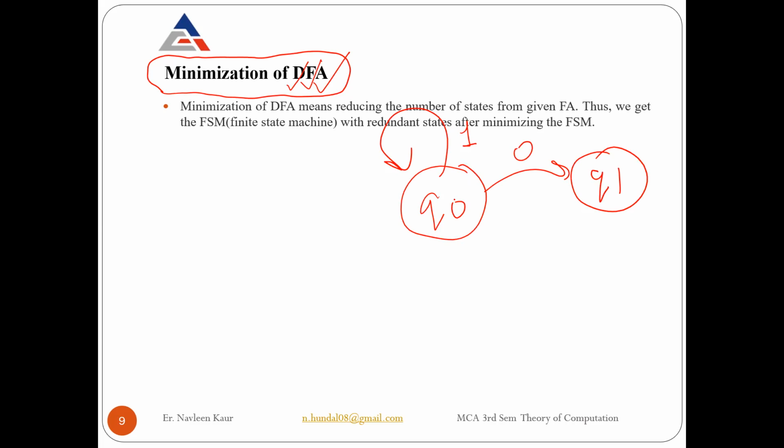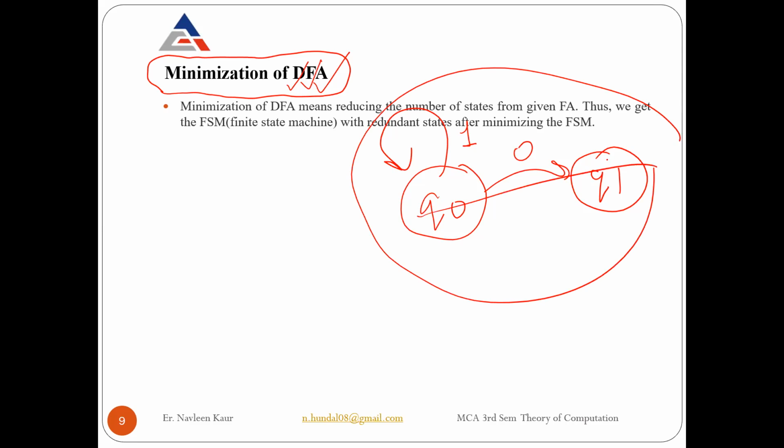But sometimes the DFA that we get is very complicated. Suppose the transition diagram that we get has 10 states or maybe 100 states. So in that case, we need to represent it in a minimal way. Which states can we discard so that I can keep it simple, not complex?